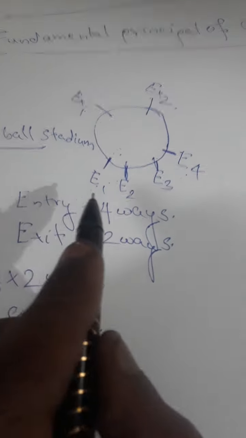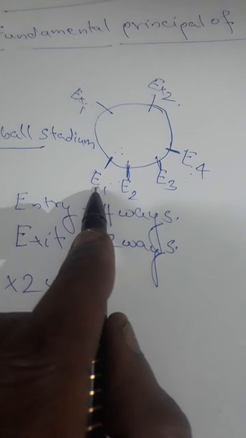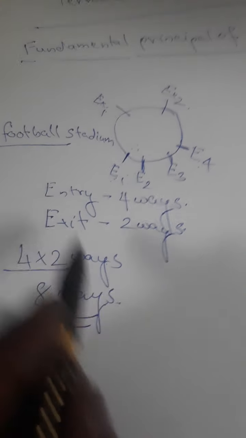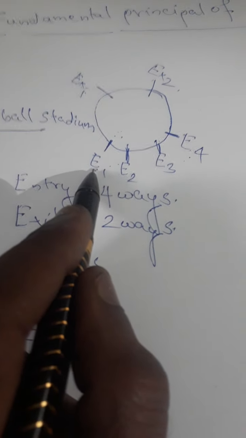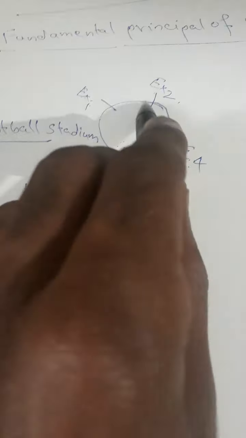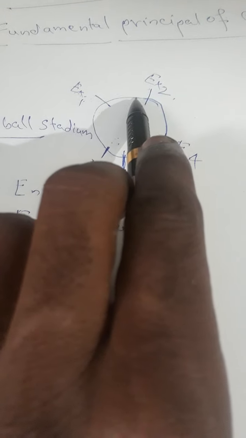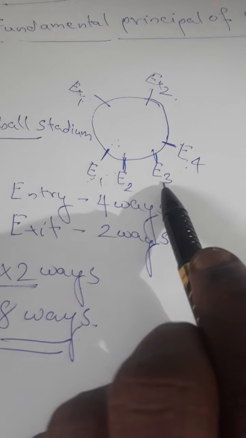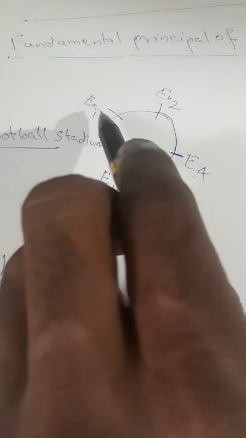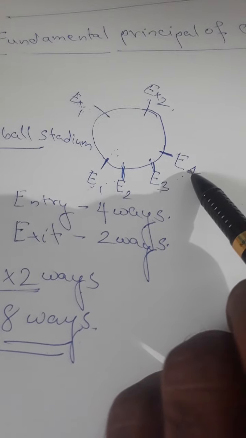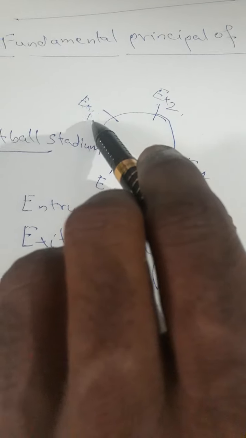Why is this 4 into 2? If you enter through E1, you can exit through any one of these 2. If you enter through E2, also you can exit through any one of these 2. The same holds for E3 and E4.